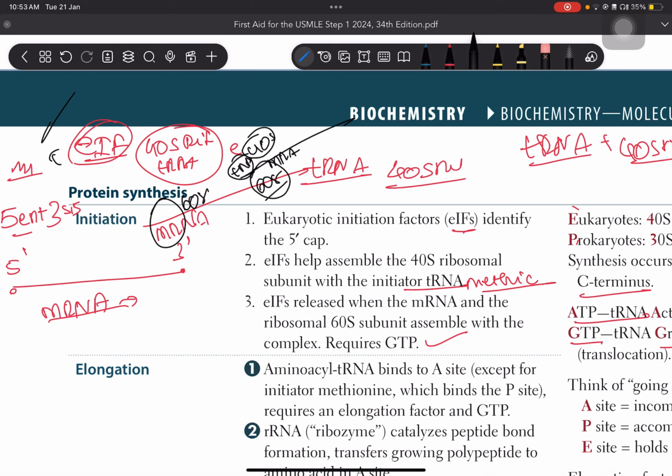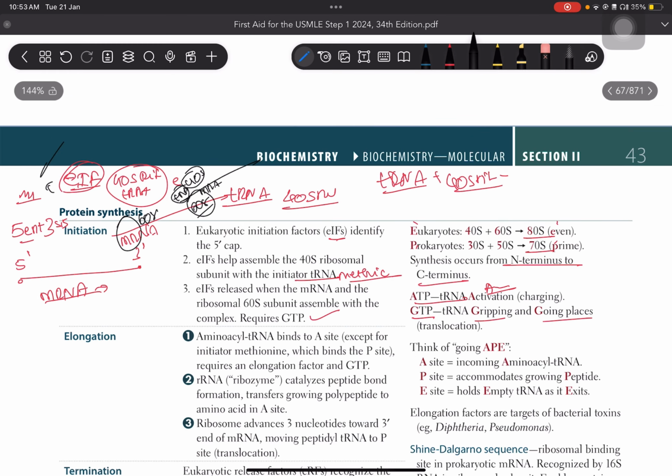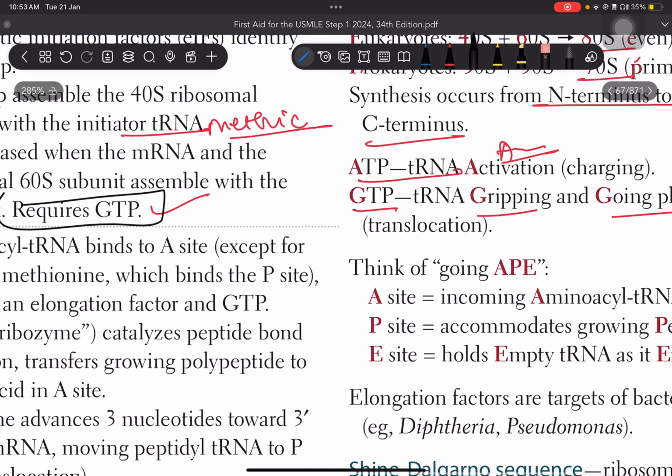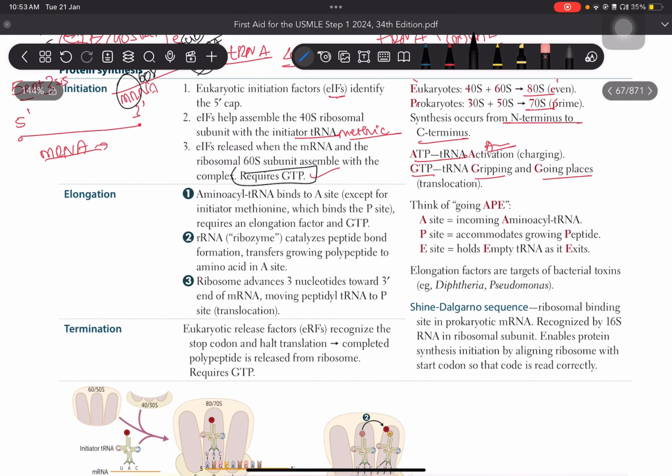This is the complex that you have after the process of initiation, and the assembly of the 60S ribosomal subunit to your mRNA requires GTP. So this is about initiation.